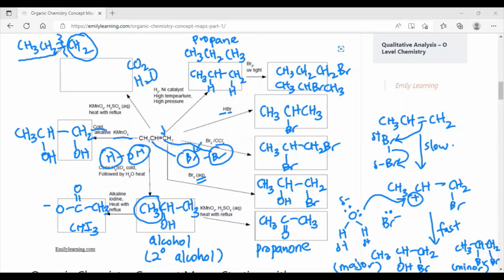Then for this portion that is not a CH2 group, the carbon will have a C double bond O. The H will become an OH, sorry, this CH. Then just copy what you have here. So you have ethanoic acid being formed together with liberation of carbon dioxide. If the question asks for the organic product, then you just need to write ethanoic acid as your final answer.